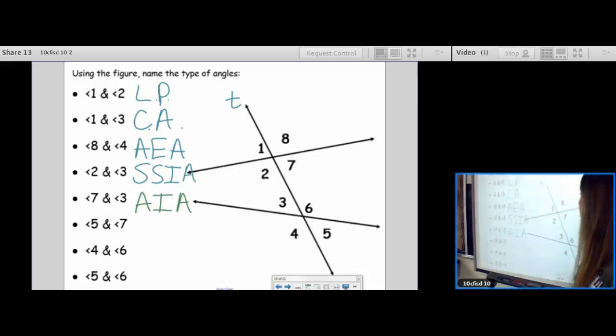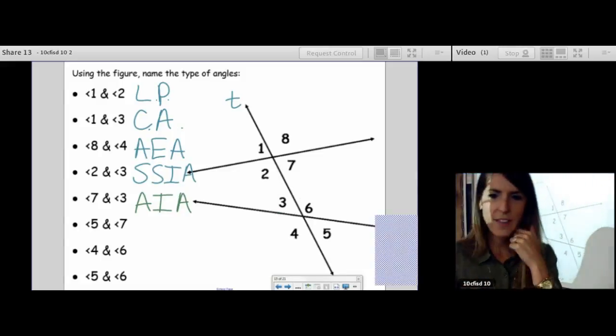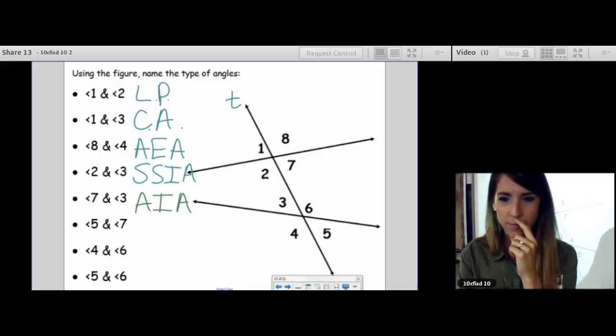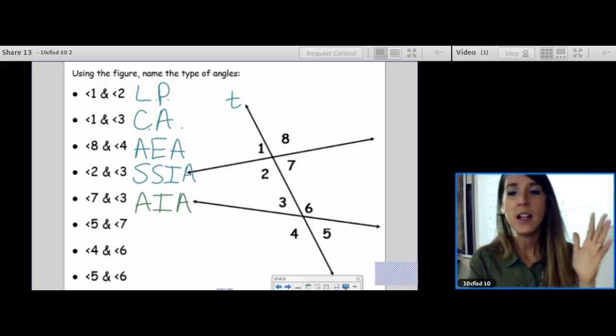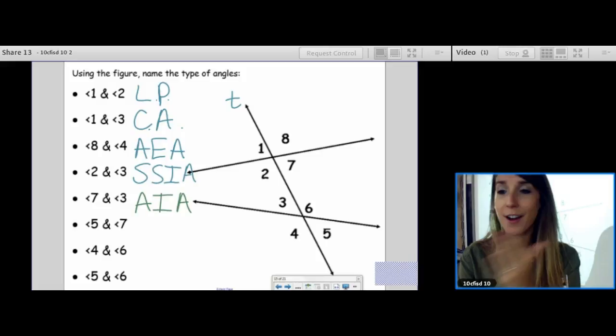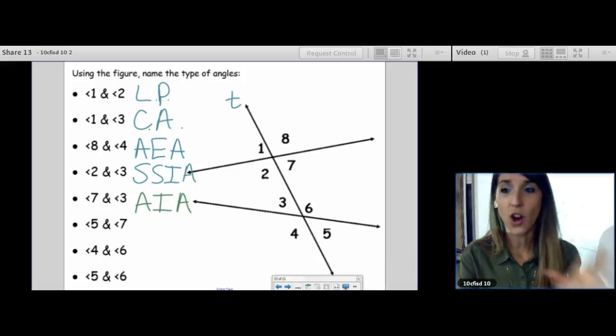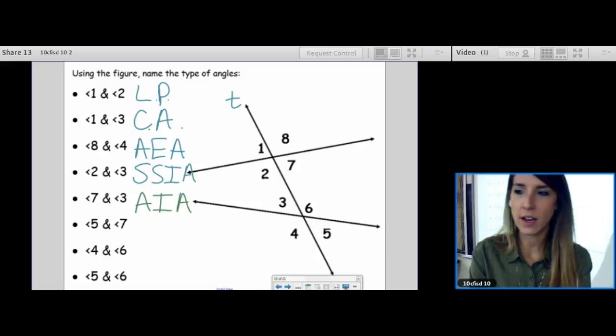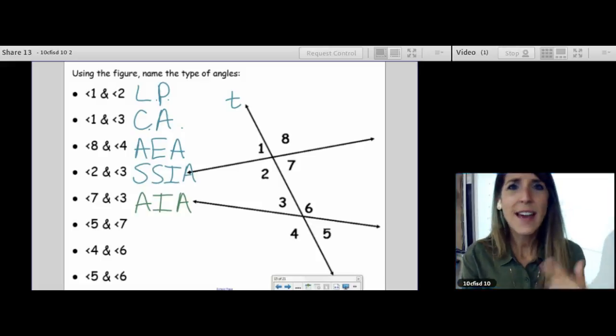Okay, what about 5 and 7? Go through what I said. Same side or alternate? 5 and 7 are same side. Then you go interior or exterior. Well, oh no, 7's interior and 5 is exterior.